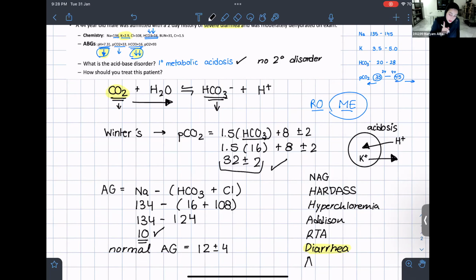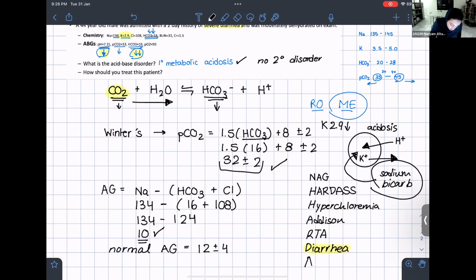However, if I'm giving them sodium bicarb, it's going to put us in a state that's more alkalotic. So his potassium is already low. It's 2.9, which is very low. So if I give him sodium bicarb, that's going to cause the potassium to shift into cells even more, which can further worsen his hypokalemia.